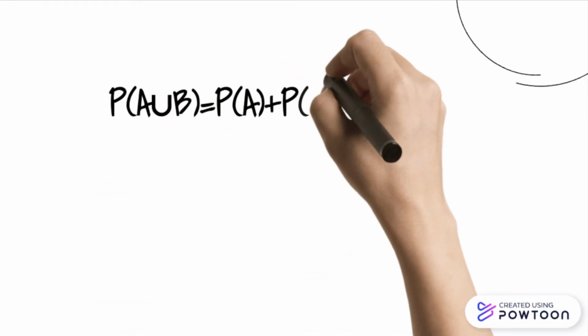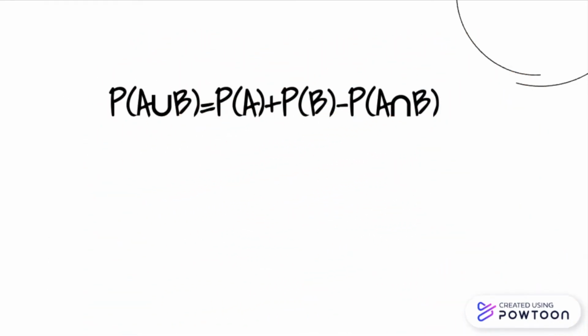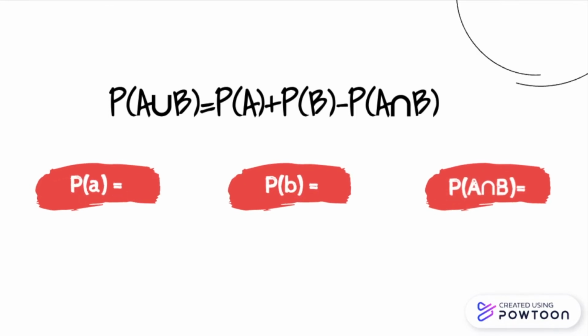Because we already know the formula of the general rule of addition, now we need to know P of A, P of B, and P of A and B both occurring.